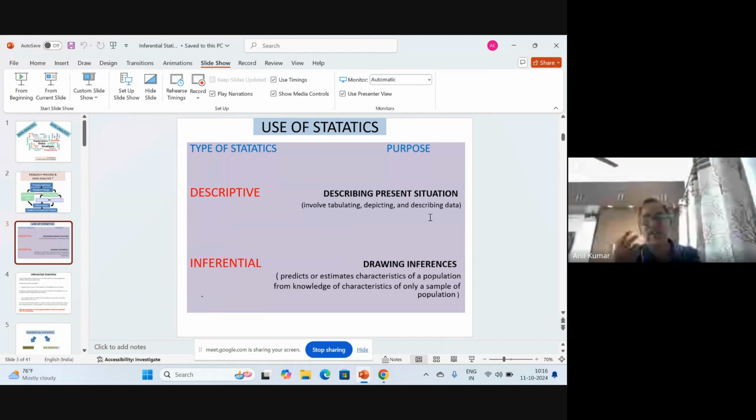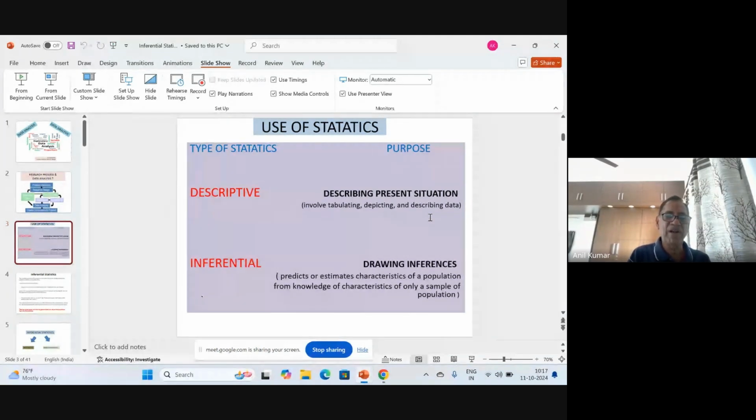And already we have talked of measures of central tendency, measures of dispersion, normal probability curve, and then use of graphical representation of the data. All these are basically under descriptive statistics, and the purpose is very clear. The purpose is that we would like to describe whatever data is available with all of us through collection.